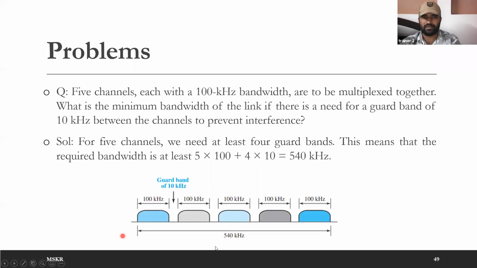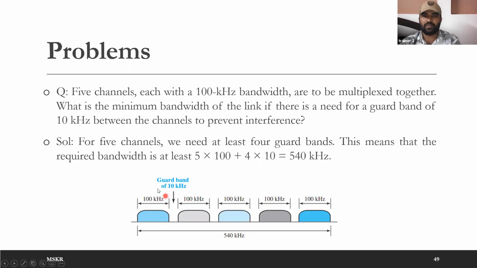From this figure, I'm going to give you a small view into this. So you have five signals which have a bandwidth of 100 kilohertz. That means, like in our previous example, where the radio jockeys generate frequencies from 0 to 20 kilohertz, here the signal is, let's say, 0 to 100 each, but you are going to send them using the same medium, so you are going to share them.